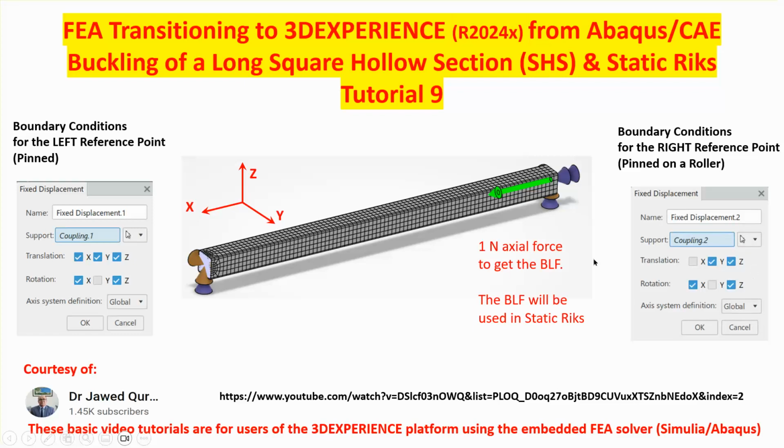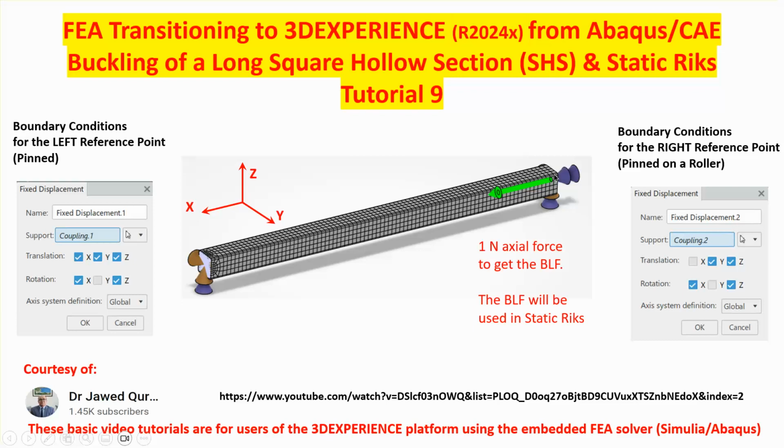And because the right side is on a roller, it has the ability to move in the x direction. So that's free, but it can still rotate about the y-axis. And the way I'm going to do this problem is create some reference points at the two ends and create coupling between those reference points and the appropriate edges of the tube.